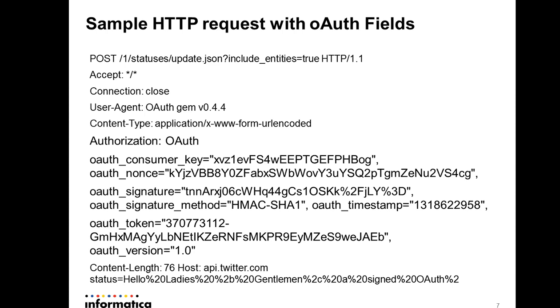So we'll have a quick look at a sample HTTP request with OAuth fields in the header. If you can see, these authorization fields are added by OAuth when you construct this HTTP request in your application to be sent to the service provider like Facebook or Twitter. There are a couple of keywords here, or attributes under this authorization header, which we'll cover shortly.